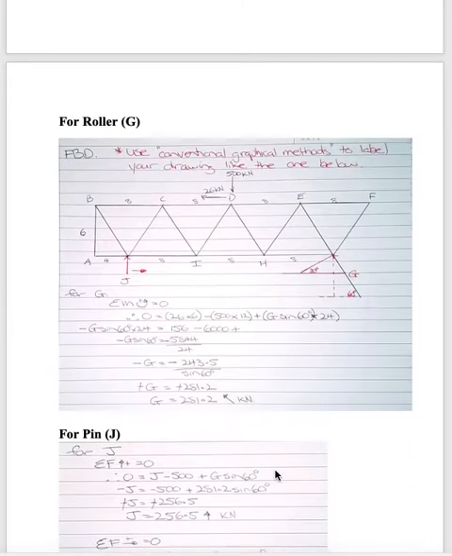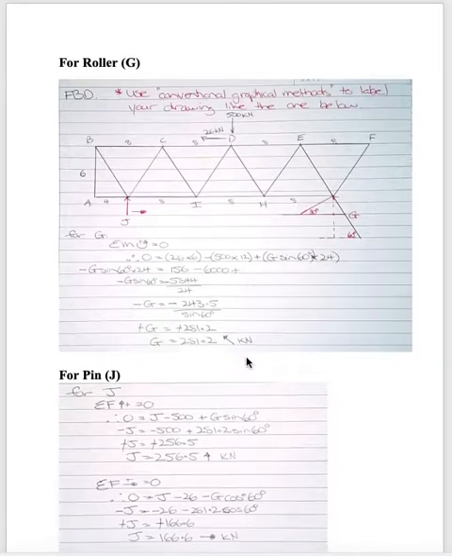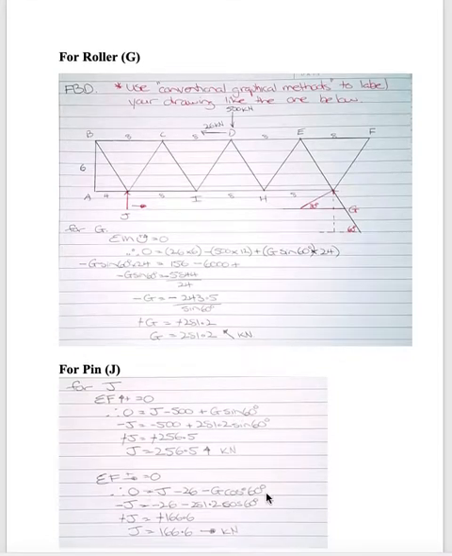Now for my J point, I now have my G, and I've got to find my X and Y at J, and again, sum of all forces. But again, look here, I'm changing that G around to make sure that I do actually get it vertical, and this one here, it's changed again to make sure that I get the horizontal.